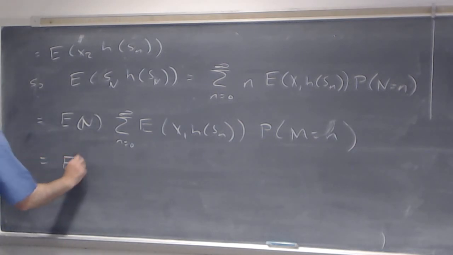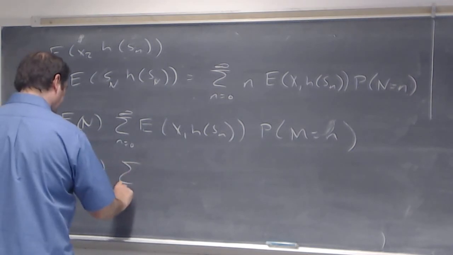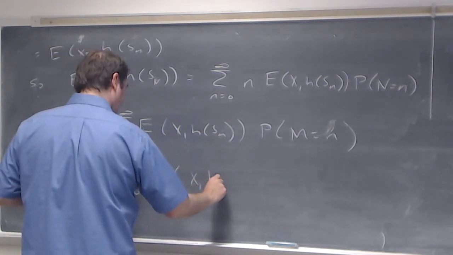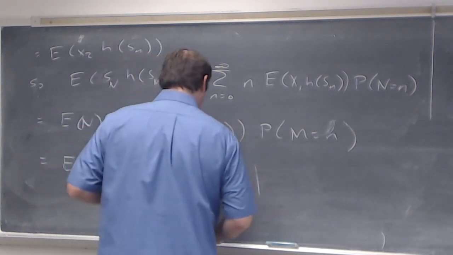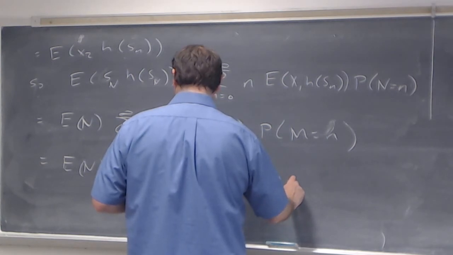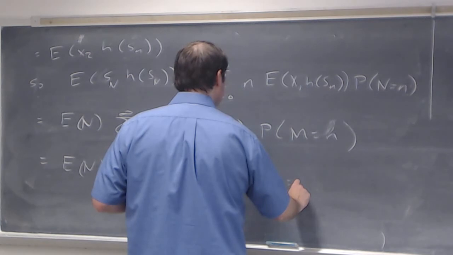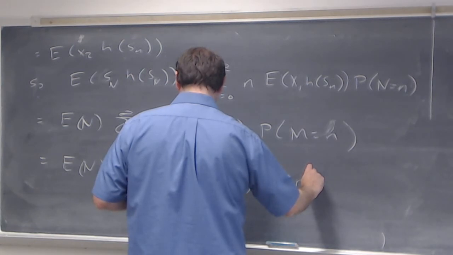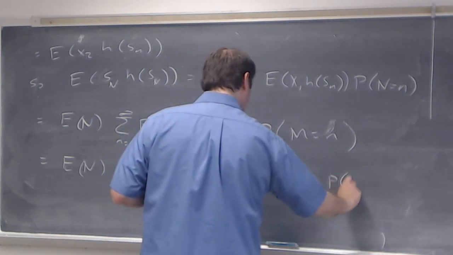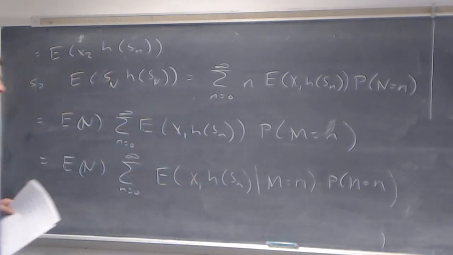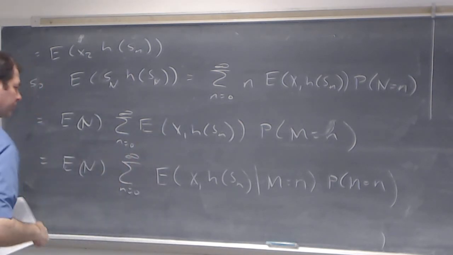That's equal to the expected value of N times the sum as n runs from 0 to infinity of the expected value of X sub 1, h evaluated at S of n, given M equals n, times the probability that M is equal to n. And we're going in this direction due to the independence of M from the X of i's. So we had gone in this direction earlier in the proof. Now we're going in this direction.